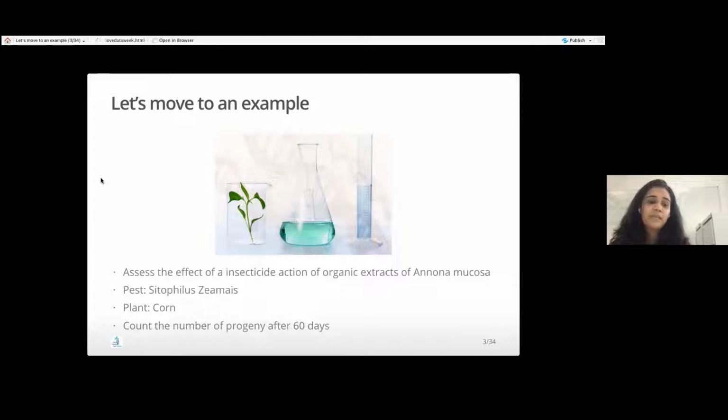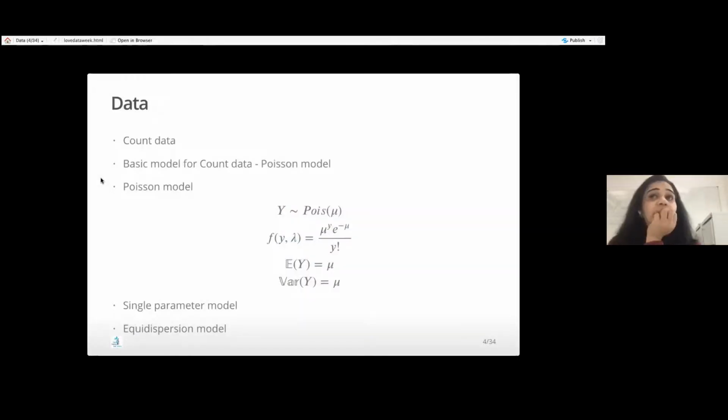For the control group, we spray the plants with water, and in the same amount we spray the organic insecticide on the corn plants. We put an equal number of pests in both groups, and we count the number of progeny, the new insects that emerge, not the ones already there, after 60 days. So this is the perfect example for count data.